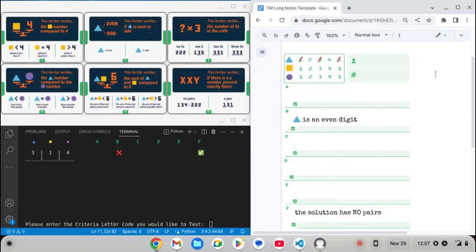Now, we already know that triangle's even, and because they are distinct, square and circle could be a combination of at least one more even. Remember, they have to be distinct. So if we do have two evens in our solution, they would be uniquely 2 and 4 in some order, and then we'd have to have an odd.